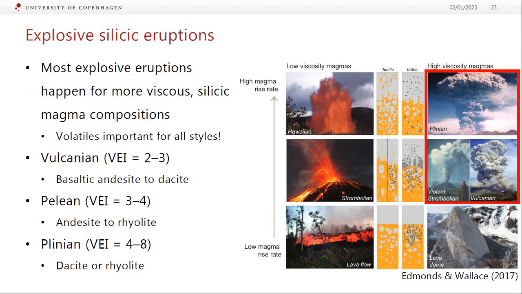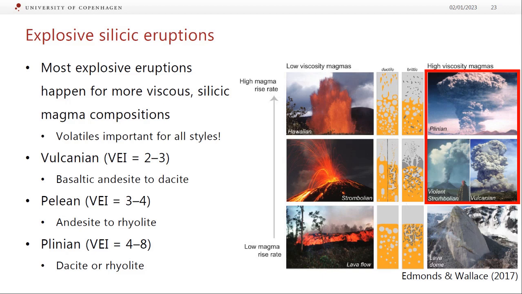There are three main types. There's Vulcanian, which typically happen in basaltic andesite to dacite magmas, so fairly evolved, but not the high end of things. There's Peléan, which are andesite to rhyolite, and there's Plinian, which are usually dacite or rhyolite.